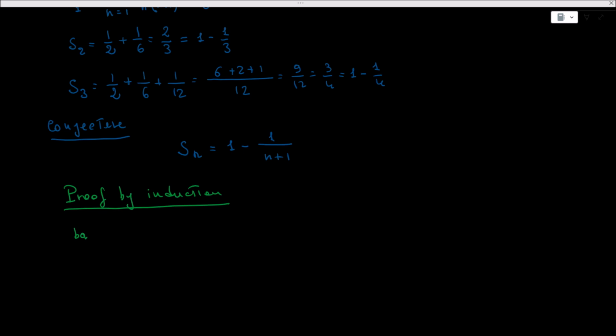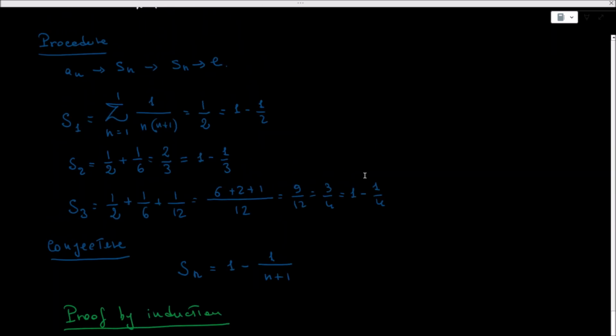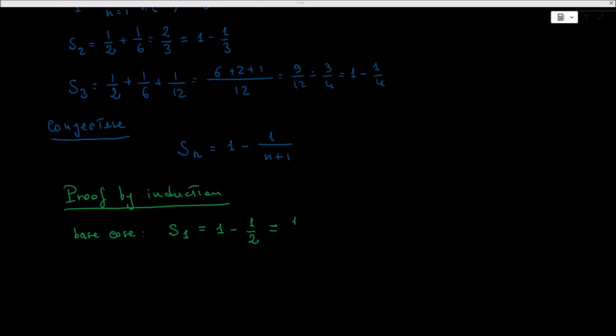Well, we have the base case, and the base case is that S1, which is given by 1 minus 1 over 2 by the formula, this should be equal exactly to what we have found, which is 1/2. So of course this is easily verified. Now let's go to the induction step.